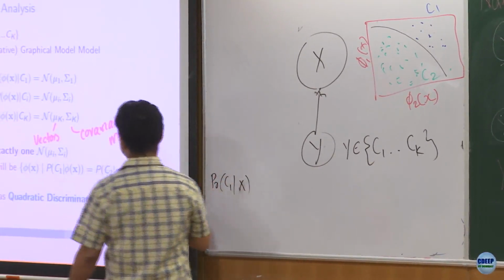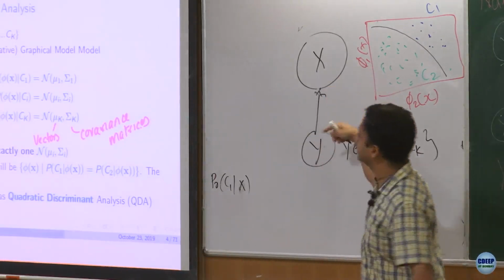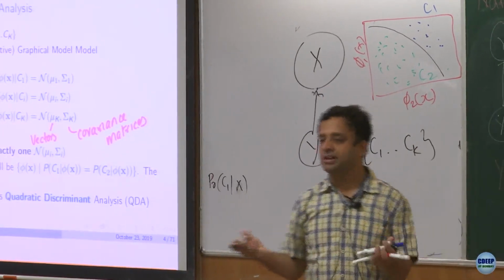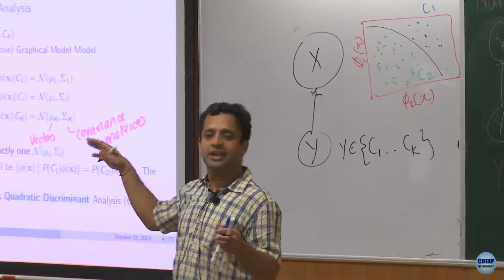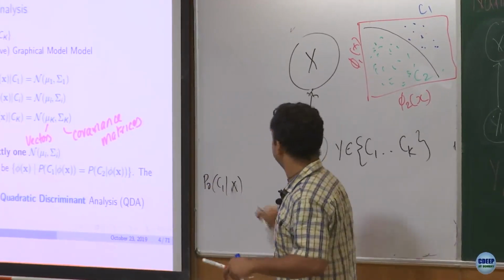Now we just mapped x to phi x, think of this phi as a feature function, which in graphical model parlance is just a potential.